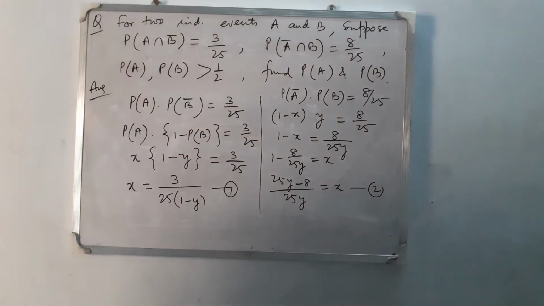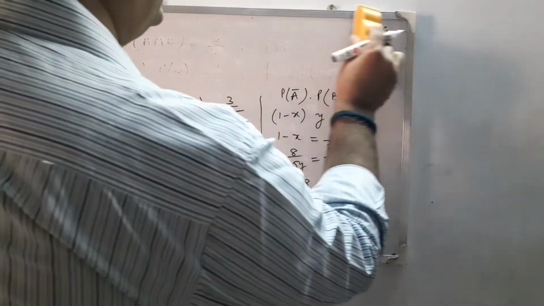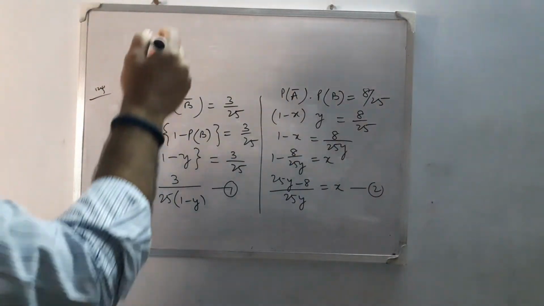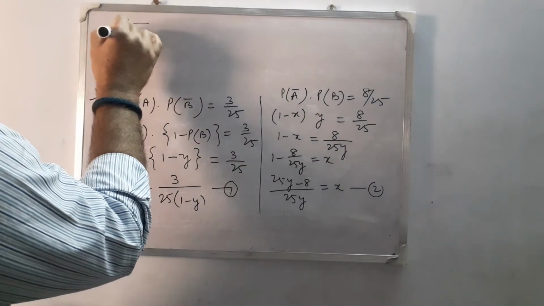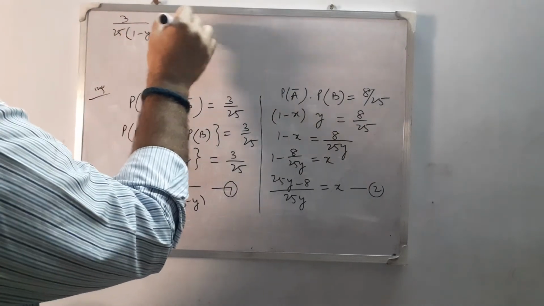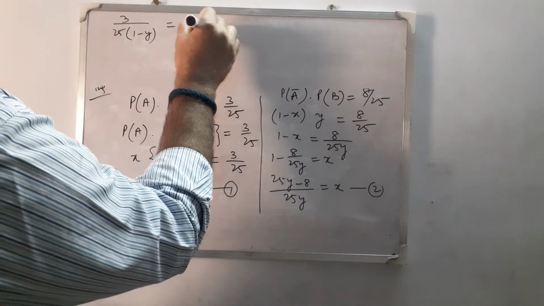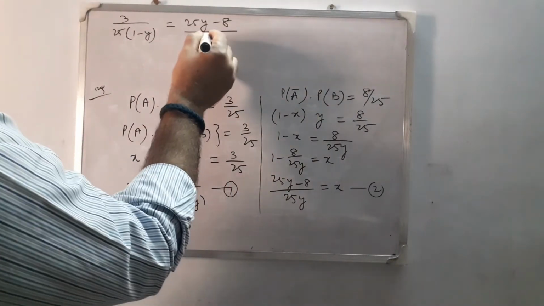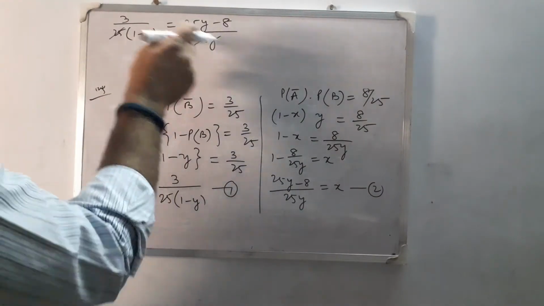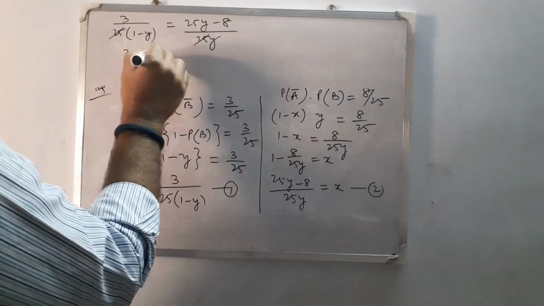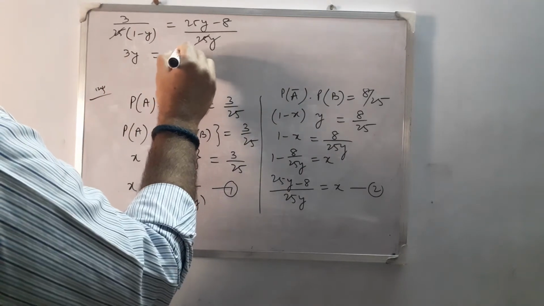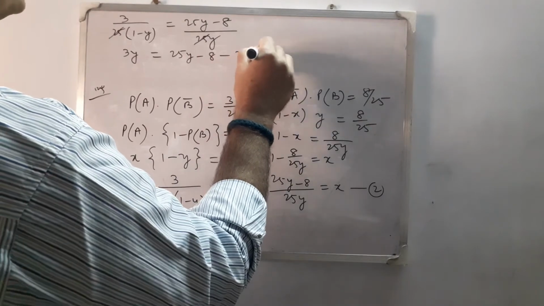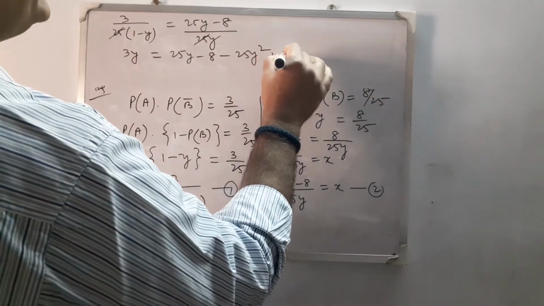Now what happens? After equating the two values of X, we will have 3/25(1 − Y) = (25Y − 8)/25Y. So this 25 cancels out and we will cross multiply: 3Y = (25Y − 8)(1 − Y), which gives 25Y − 8 − 25Y² + 8Y.